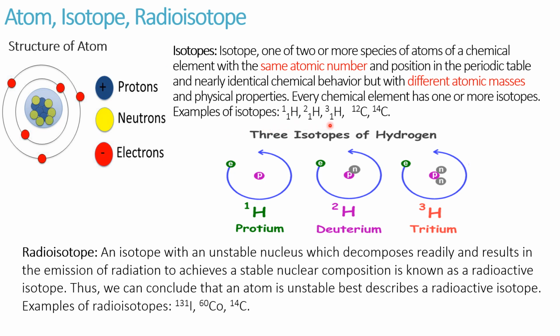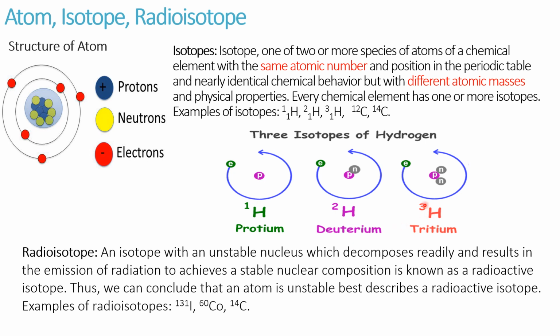Let us see the example of isotopes of hydrogen. This is the protium, deuterium and tritium. Protium has only one proton, hence the mass number is 1. Deuterium has one proton and one neutron, hence mass number is 2. And tritium has one proton and two neutrons, hence mass number is 3. Out of these three isotopes of hydrogen, protium and deuterium are stable isotopes, whereas tritium is unstable.